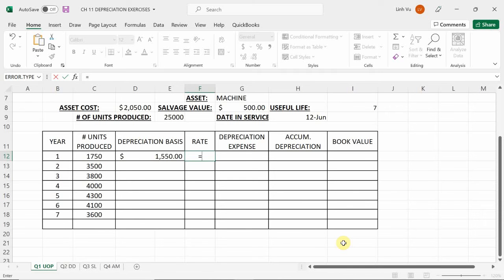What's my per unit rate? We're using units of production, so what's my per unit rate going to be? It looks like it's depreciation basis over estimated units of production. Okay, so what numbers is that going to be? The 1550, good, over the 1750.